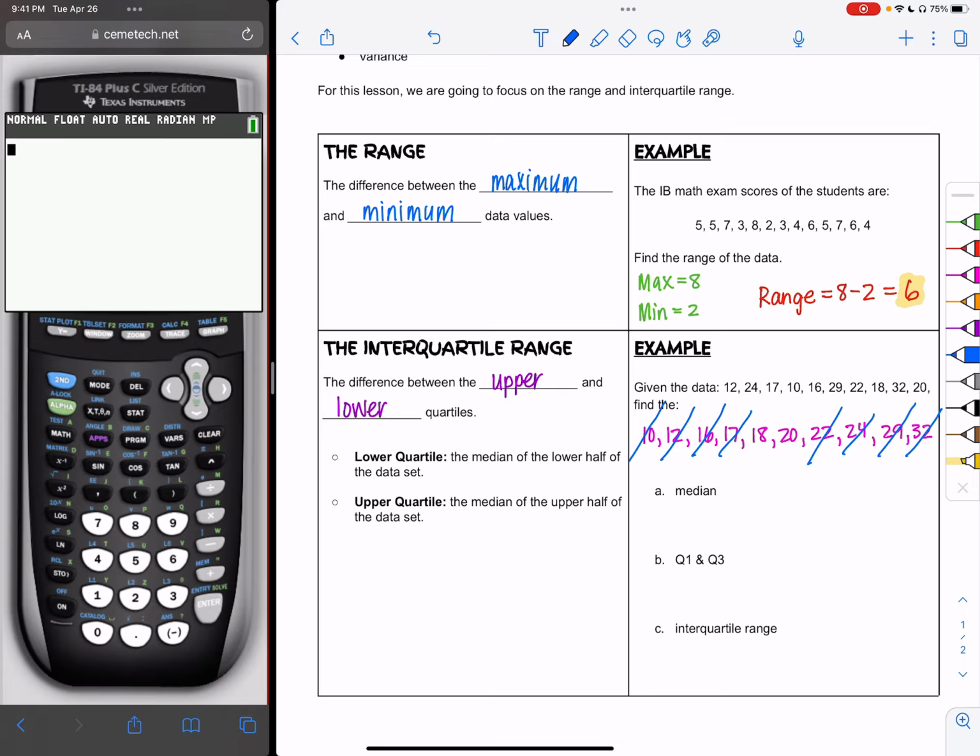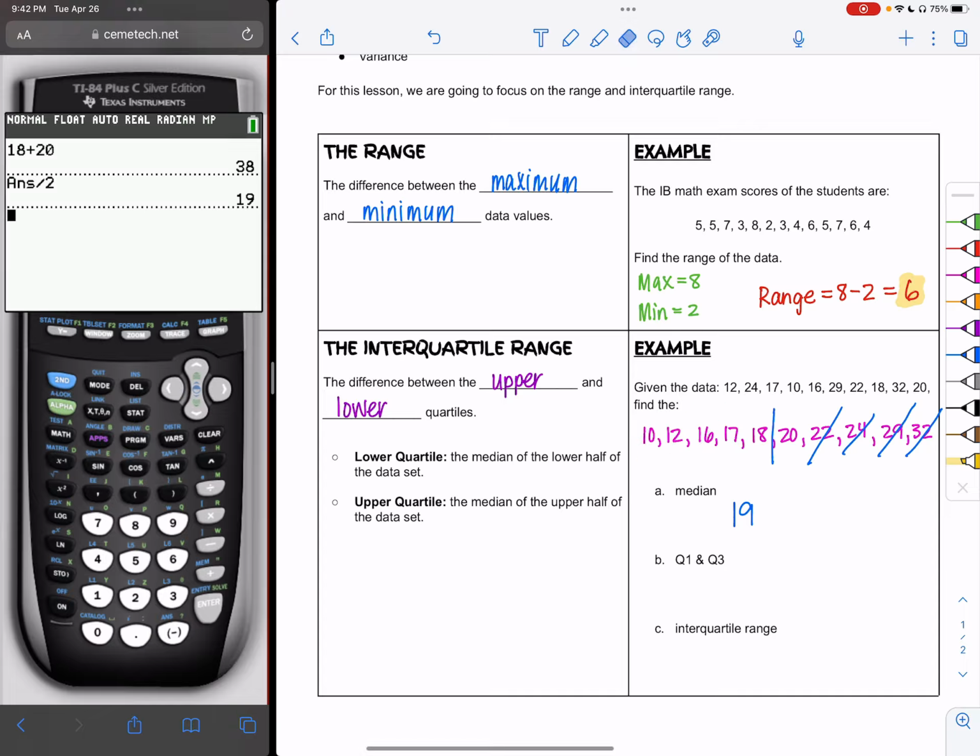My median is going to be halfway between 18 and 20. When we have two numbers, our median is the average. If we do 18 plus 20 and divide by 2, we get that our median is 19.